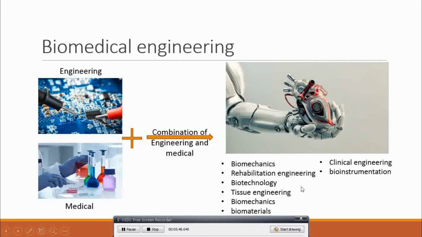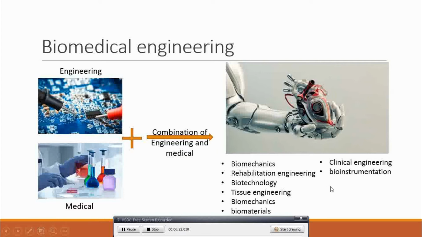For example, let's say you complete this first degree in UTHM, and you don't go for work, but you're thinking of pursuing a masters. You can do a masters in all these areas: biomechanics, rehabilitation engineering, biotechnology, tissue engineering, biomaterials, clinical engineering, bioinstrumentation.